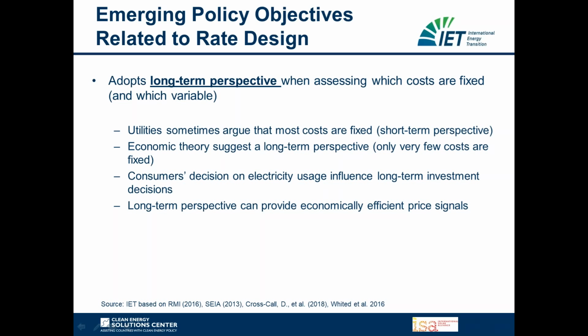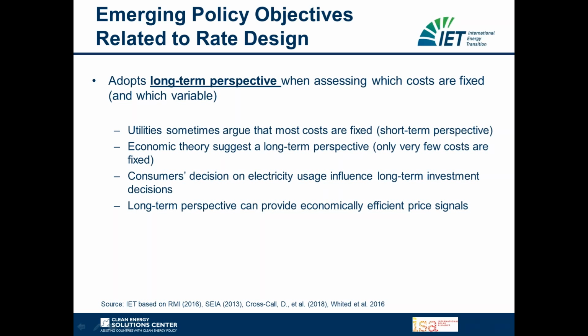When you look at it from a longer-term perspective, you will see that a power plant, even though it might be standing there for another 20 years, will be removed eventually and replaced with a new power plant, or a transmission line might have to be extended or even reduced in size. So actually, from an economic perspective, almost all of the cost of the power system are variable cost.